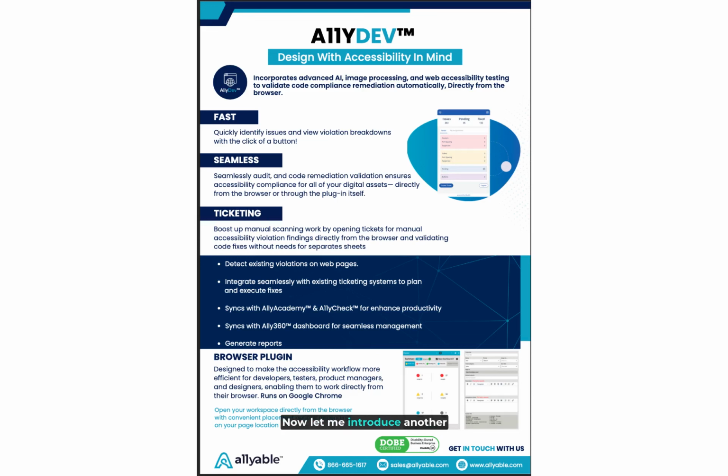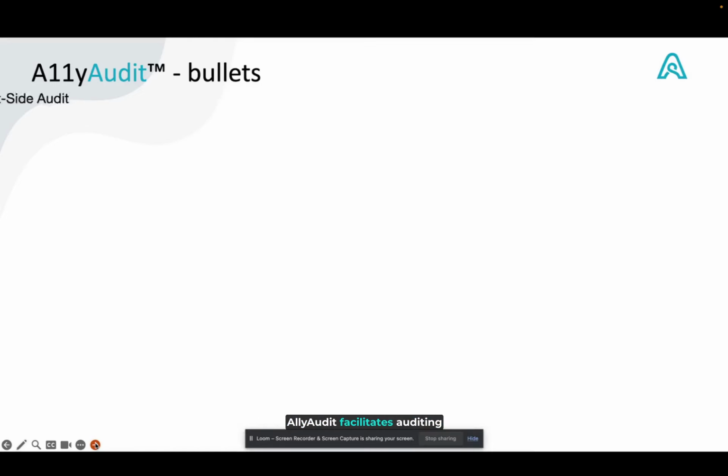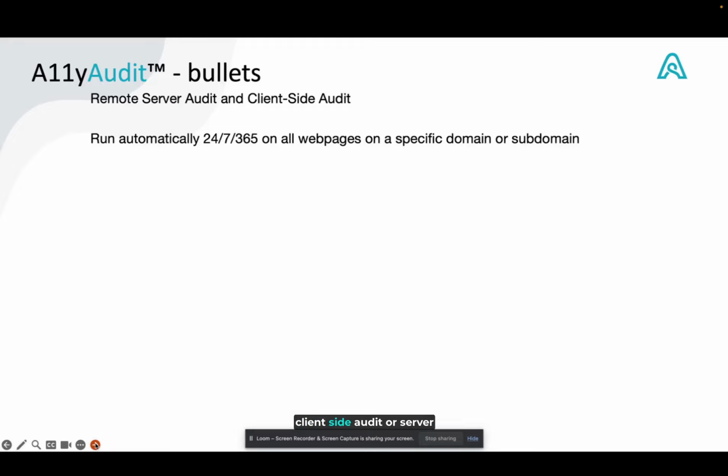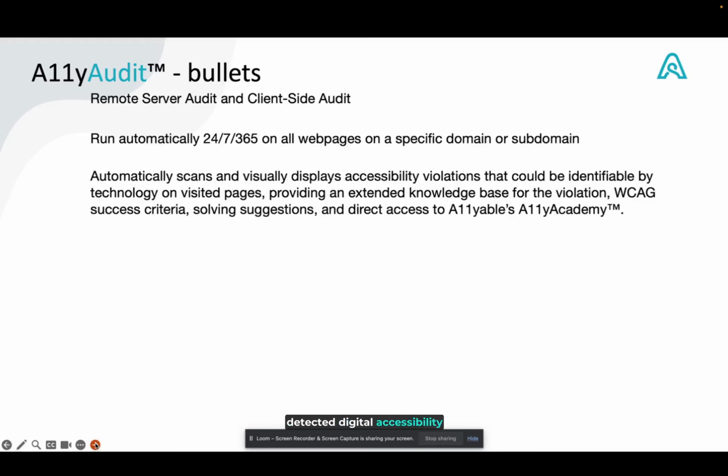Now, let me introduce another potent module, AllyAudit. AllyAudit facilitates auditing in two ways: through real-time client-side audit or server-side crawling. The audit process captures all detected digital accessibility defects, providing comprehensive insights into each finding.